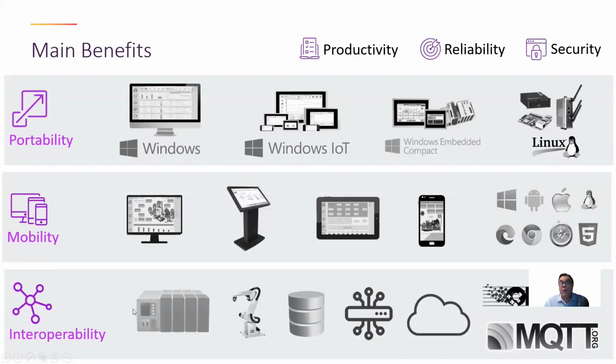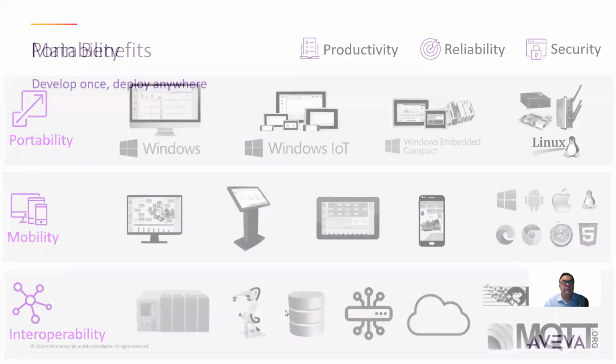The interoperability part of this is being able to communicate to many different devices, with many included drivers and protocols. In addition to the drivers that we have built in, such as not only PLCs, but robots, temperature controllers, motion, vision, etc., there is the ability to communicate and interact with databases and cloud-based infrastructure via MQTT or even OPC, so many different ways to communicate.